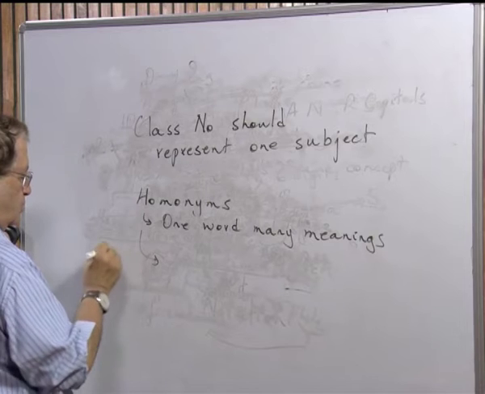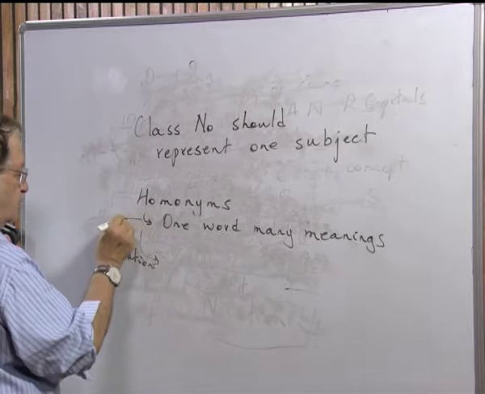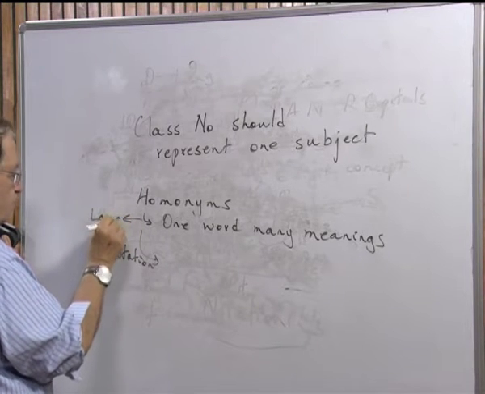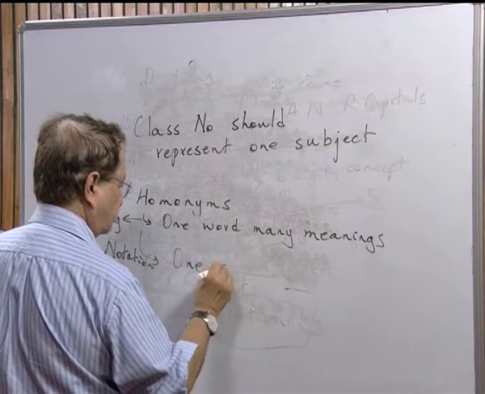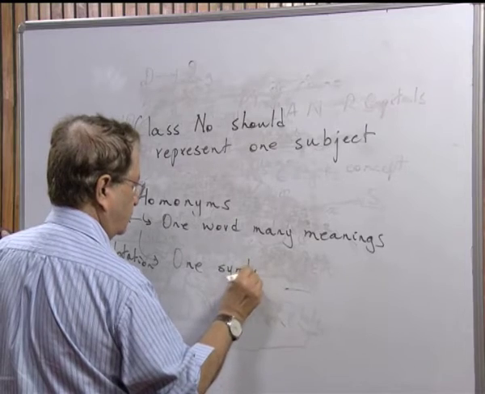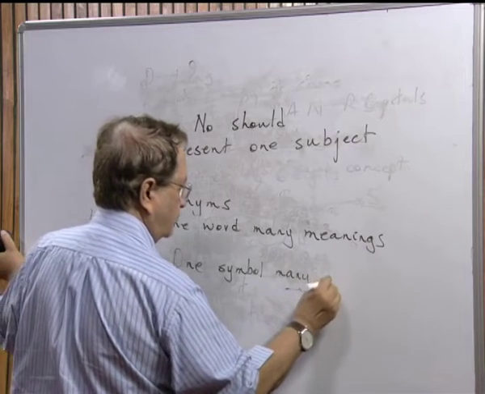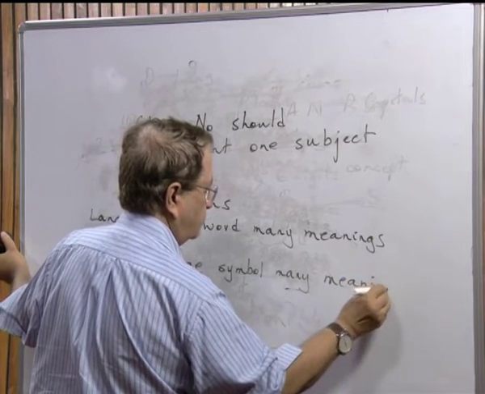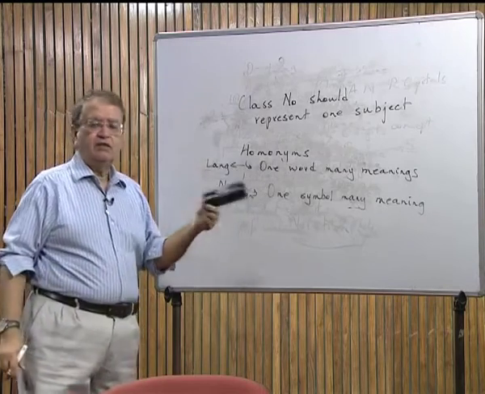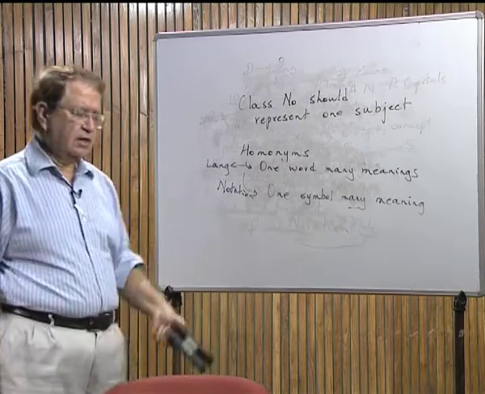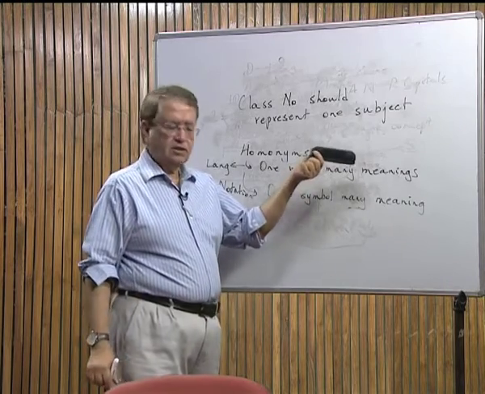Therefore, homonyms in notation, this is language. Homonyms in language mean one word which has many different meanings. I have earlier given examples of the word cotton. Cotton, for example, can mean the plant as well as the fabric.